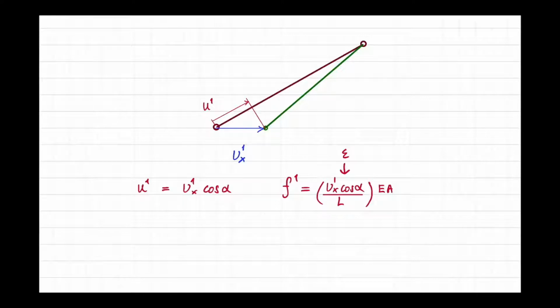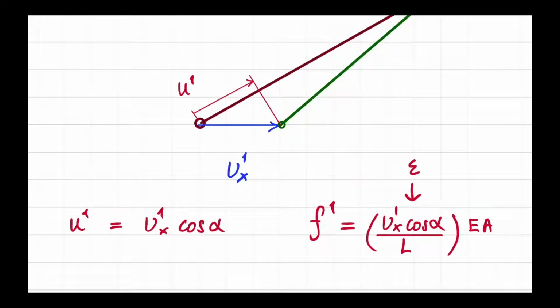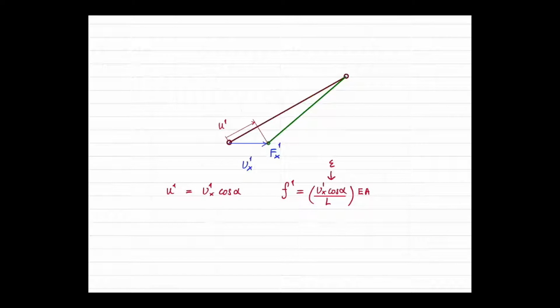So we need to apply the capital letter uppercase F1x like this in order to make the node displace in this way, okay, along the U1 without turning on the U1y.